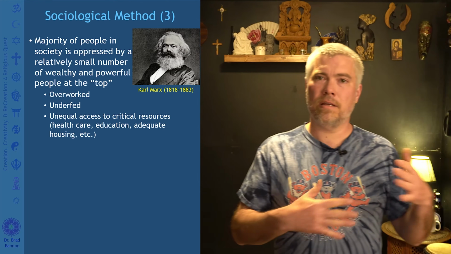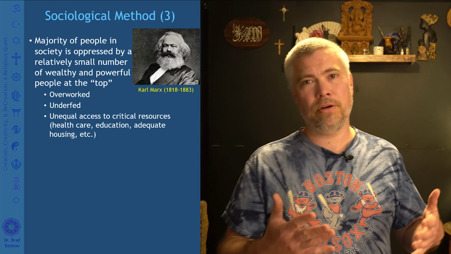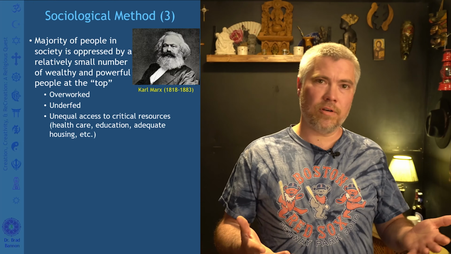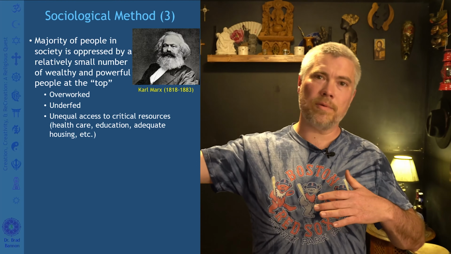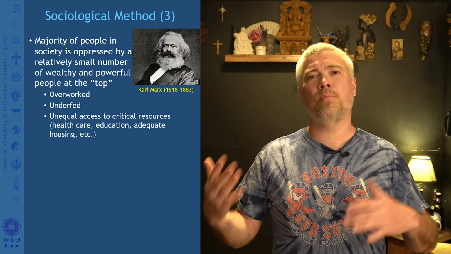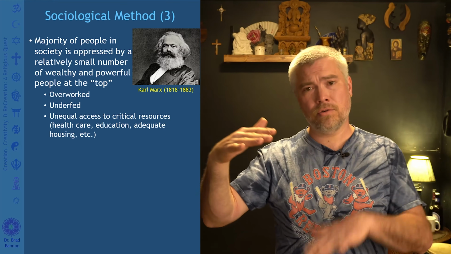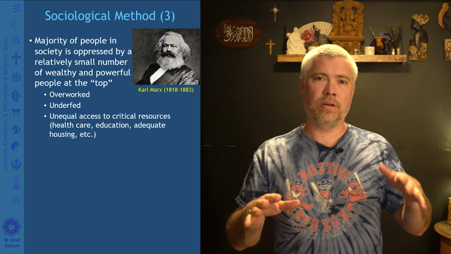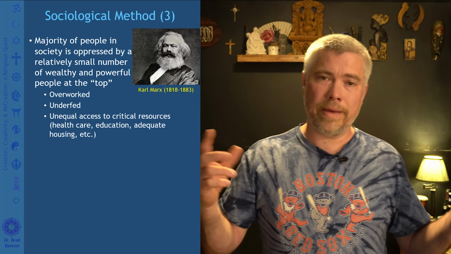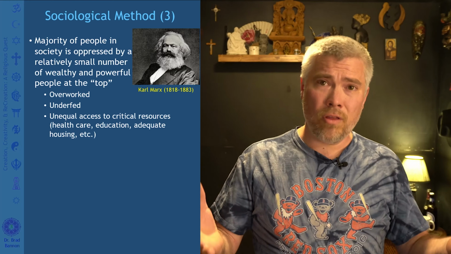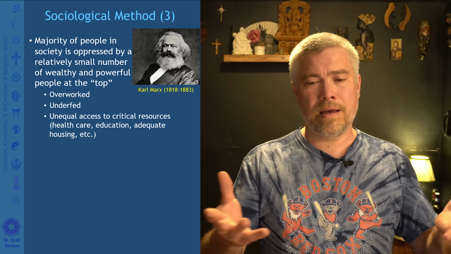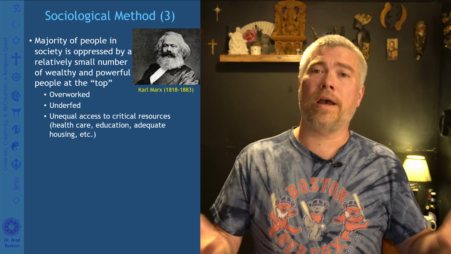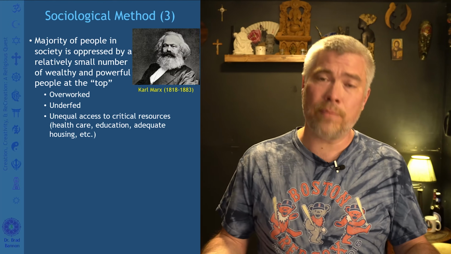So Marx, in the pre-industrial period, was looking at society, and what he observed was an enormous gap between the wealthy and the poor, between those who were on top and those who were on the bottom. There was a small minority of people who had all the power and all of the money, and then a huge percentage of the population that were oppressed, that were the laborers in society.